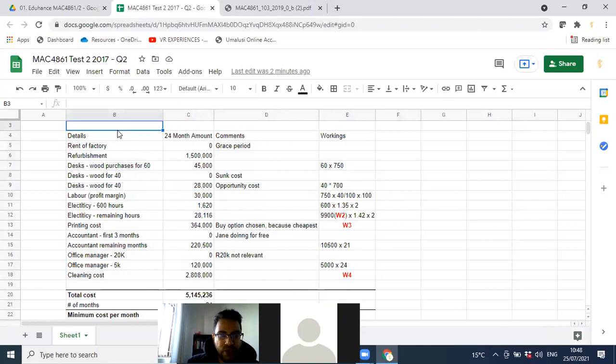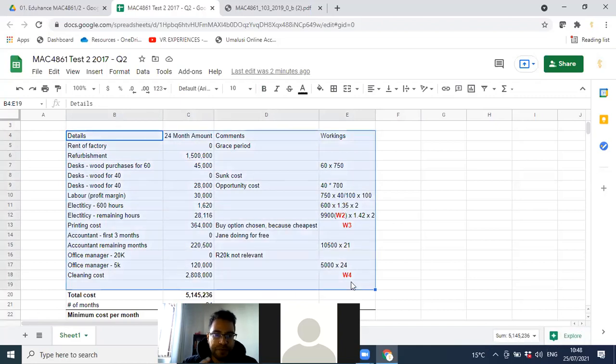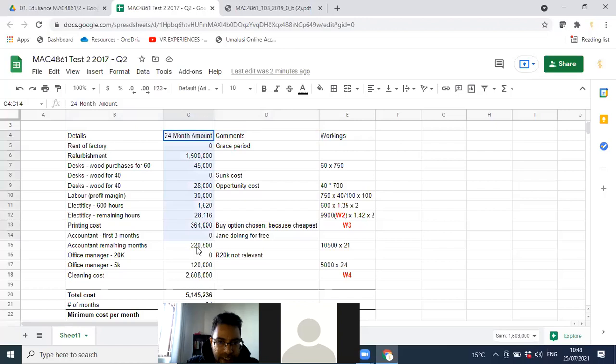You literally going to want a question like this, which is a simple setup like that. You go paragraph by paragraph, and what you're going to have to learn before the time is your thinking process. You already have this format, and that is set and done. What's important is to get this column right. How are you going to structure this column? It's generally going to be where they want a monthly amount, but not everything is easily calculated in a month.